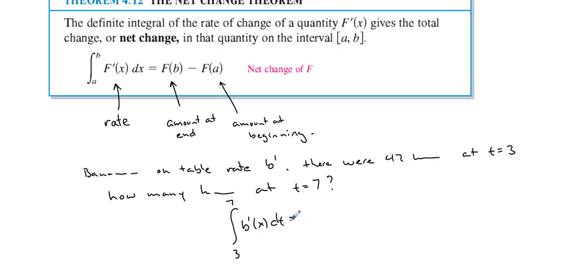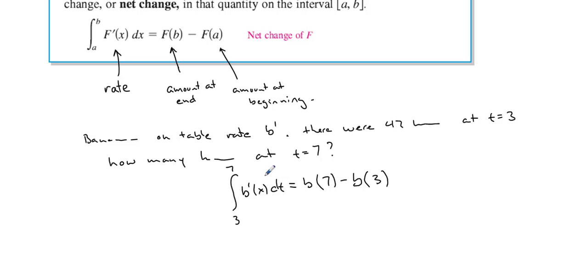What would this equal? Well, the antiderivative of lowercase b prime would be lowercase b evaluated at 7 minus lowercase b evaluated at 3. Now, we would use our calculator to figure this out.